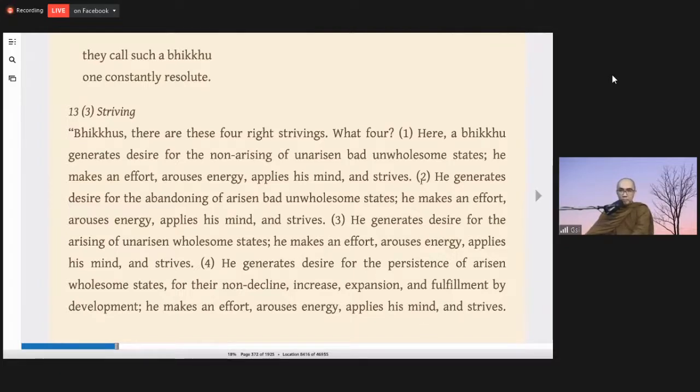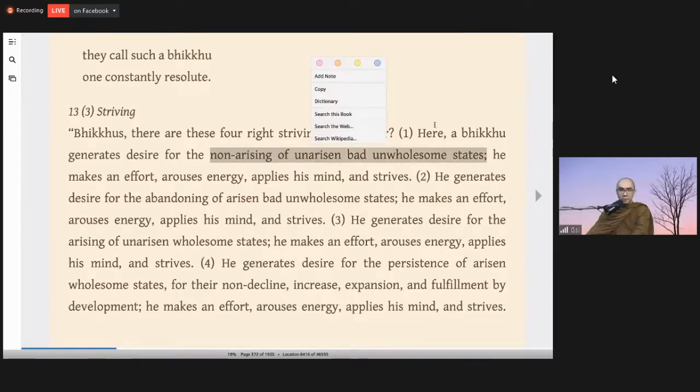So what is important here is this: he generates desire for the non-arising of unwholesome states.